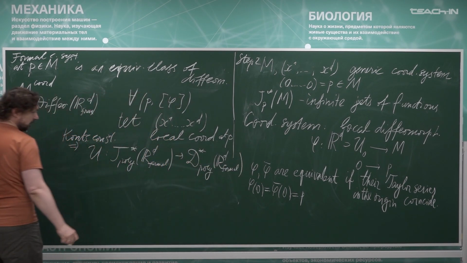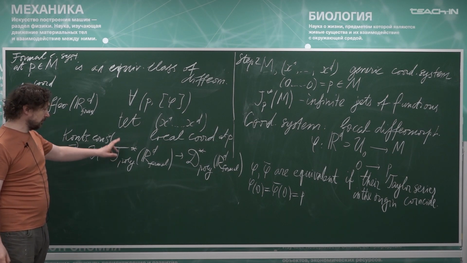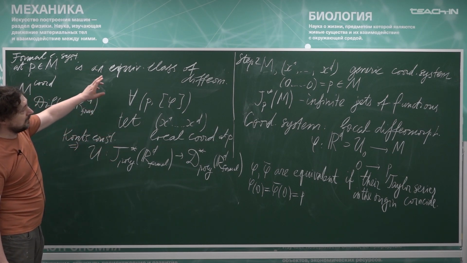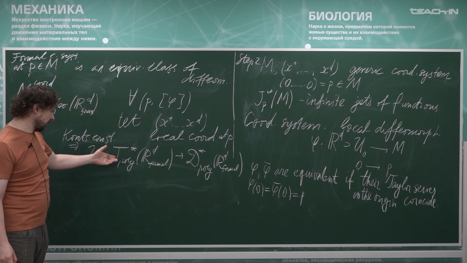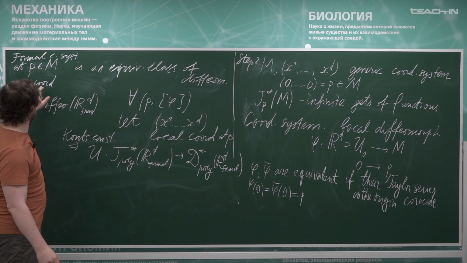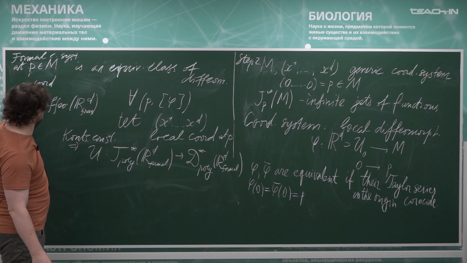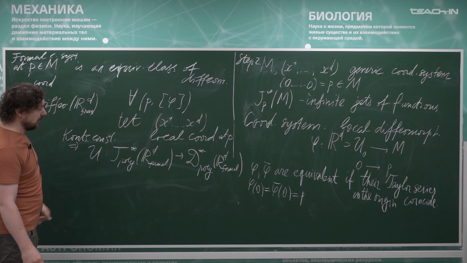Now, to globalize the formality morphism would boil down to choosing a section of this projection of the fiber bundle, right?